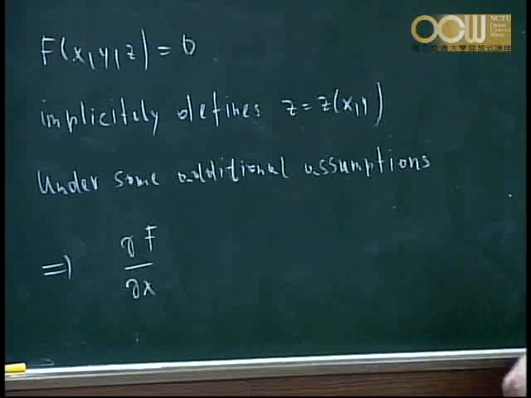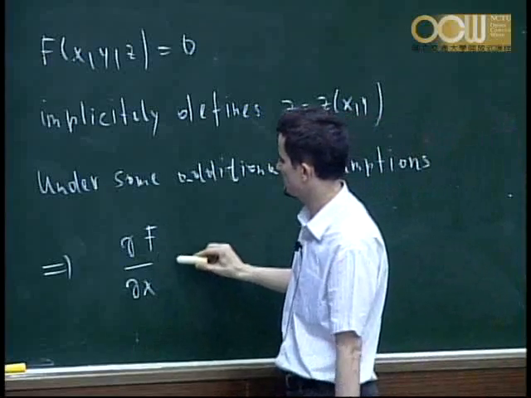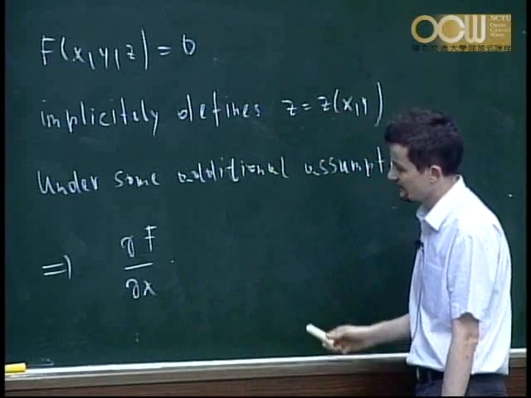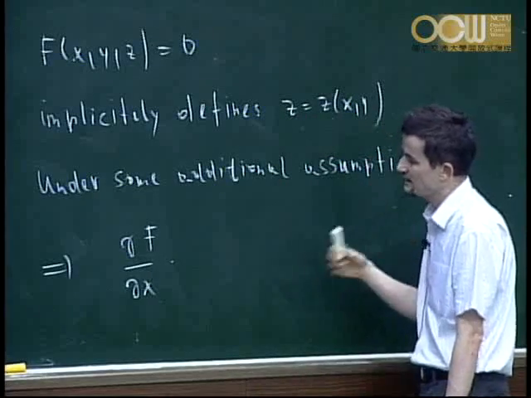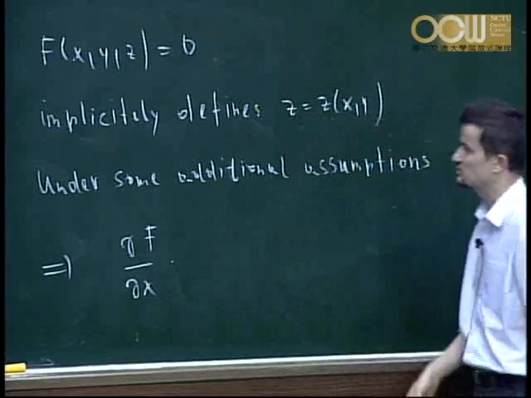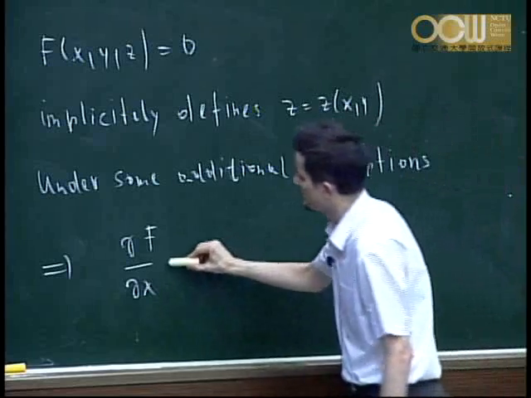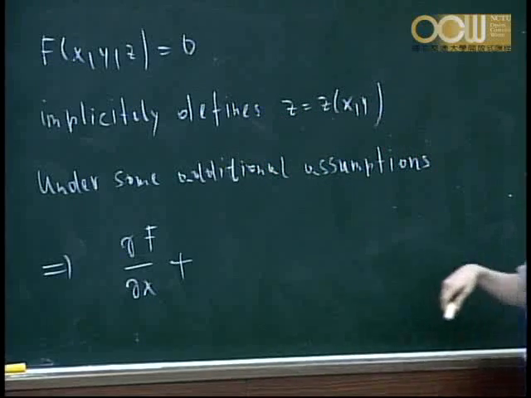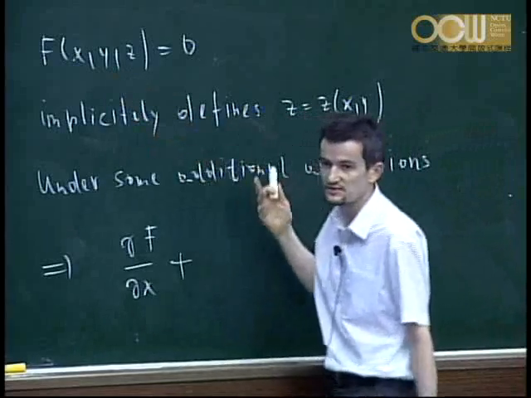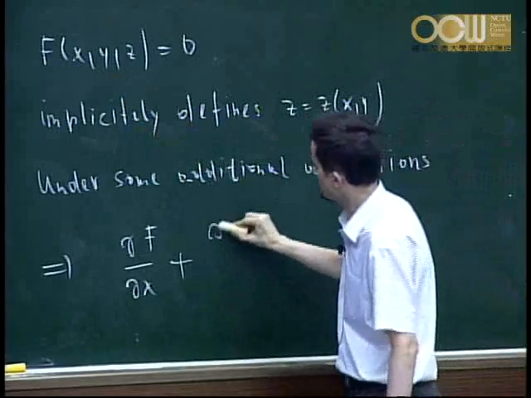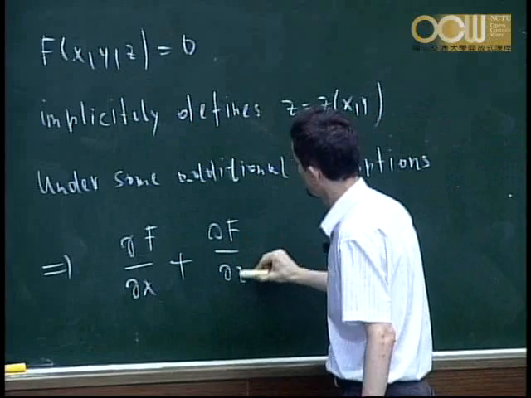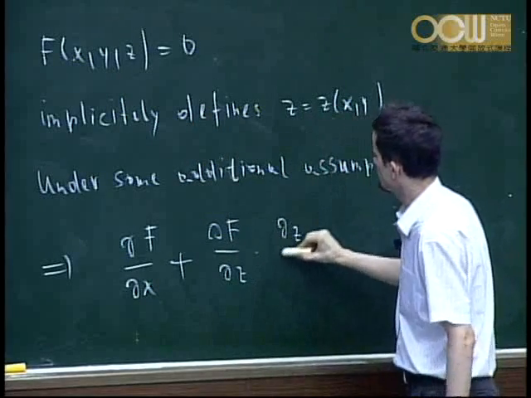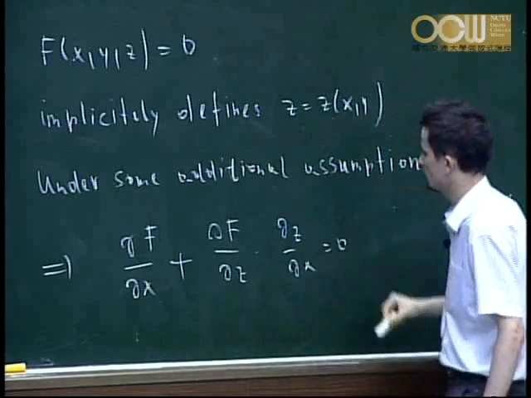So you have the partial derivative of f with respect to x times the partial derivative of x with respect to x, which is equal to 1, plus the next term, the partial derivative of f with respect to y times the partial derivative of y with respect to x, which is 0, and then you have the partial derivative of f with respect to z times the partial derivative of z with respect to x, equal to 0.